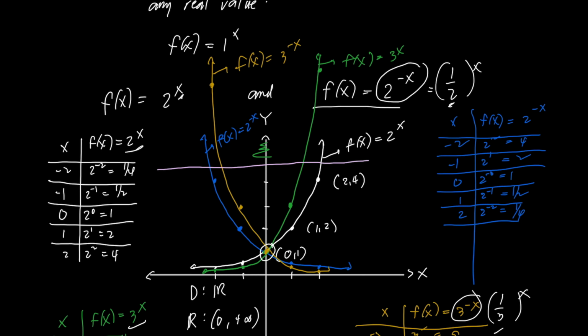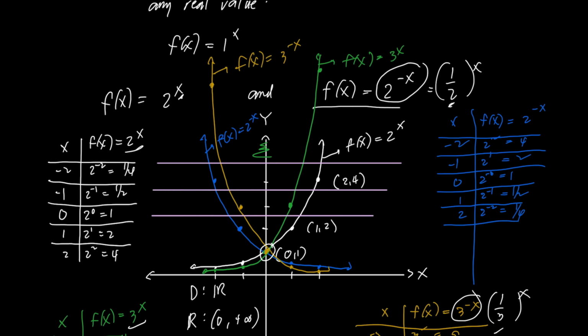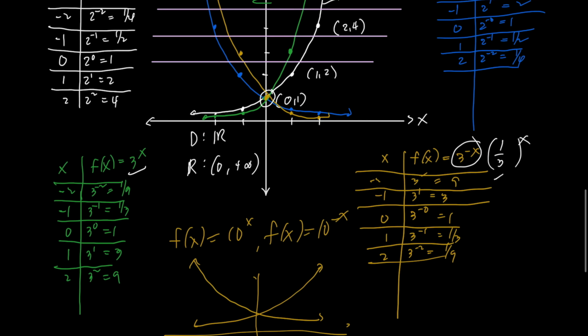If I draw a line here, how many points does it intersect? Exactly one. How about another line? How many points? One. So regardless of how many horizontal lines you draw, they will only intersect at exactly one point of the graph of that equation.